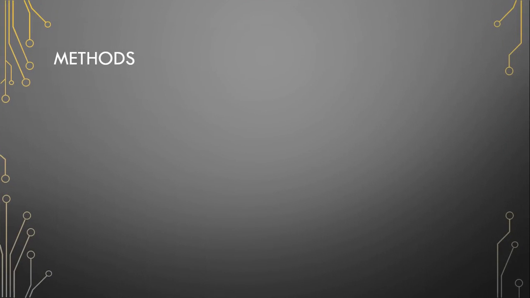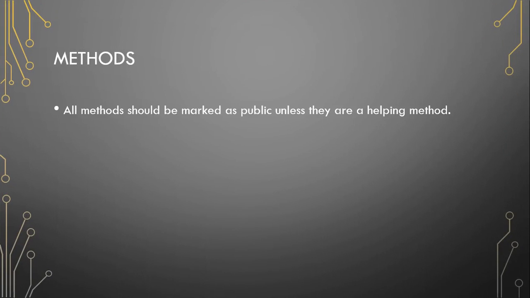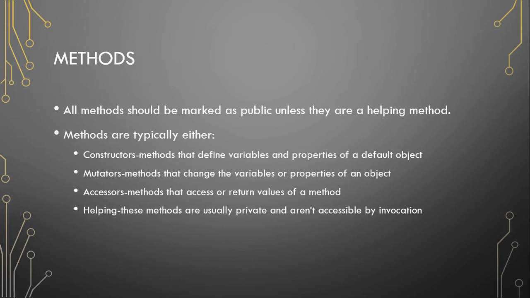All right, let's jump right into methods. Now, all methods generally should be marked as public unless they're a helping method, in which case we mark it as private because we don't want the user to be able to access them. So the methods that we typically encounter are constructors. These are methods that define variables and properties of a default object. They can have either no parameters, in which case we call it a no arg constructor, or they can have parameters for each of the defining instance variables.